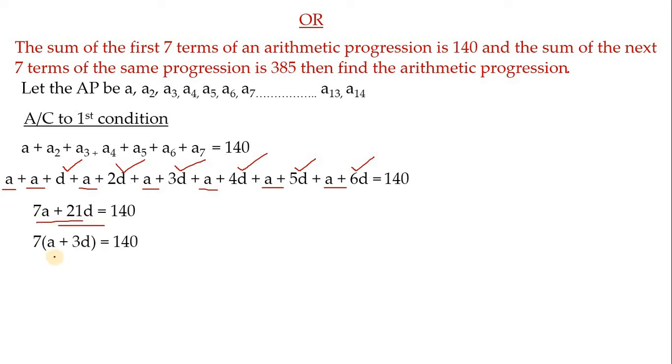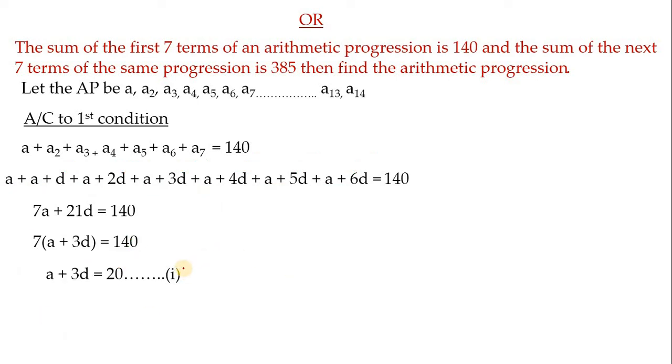If you take 7 as a common factor, we get A plus 3D. Now 7 transfer this side, so it will become the denominator. So here we can cancel: 7 ones are 7, and 7 how much of 14? 7 2s are 14, and this 0 write as it is. So we get A plus 3D is equal to 20, and this you call equation number 1.